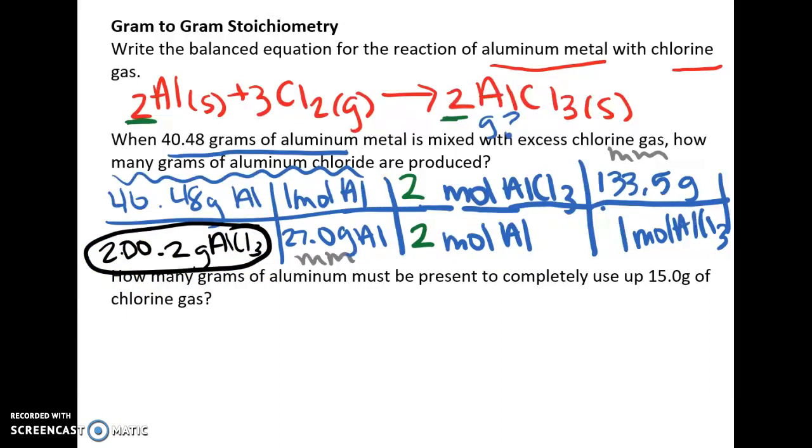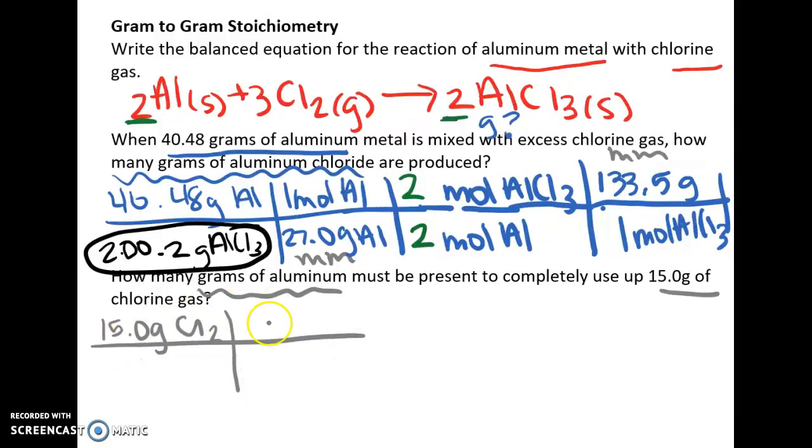Alright, so next problem. How many grams of aluminum must react with 15 grams of chlorine? So now I'm going to start with that given number, that 15 grams of chlorine. Again, I have to get that to moles first, which the molar mass of chlorine is going to be 71.